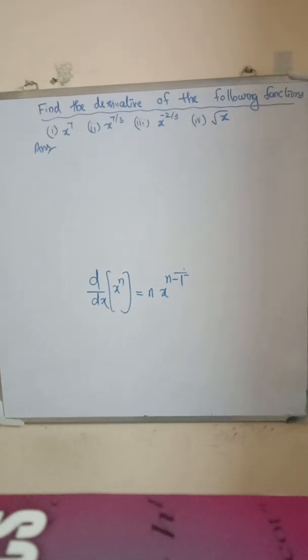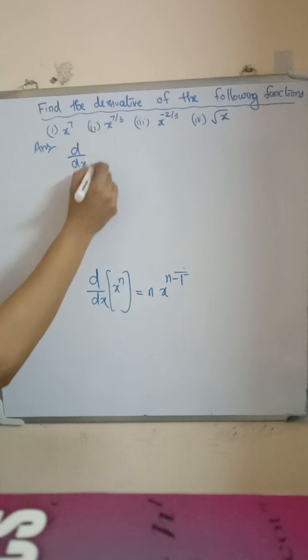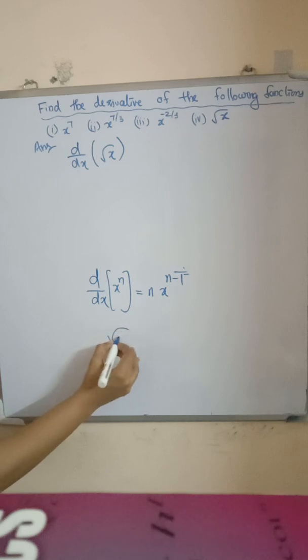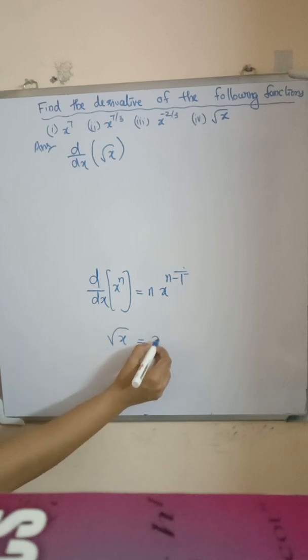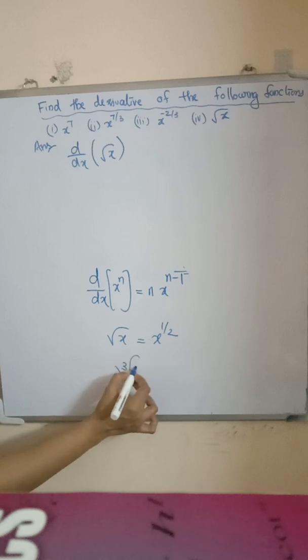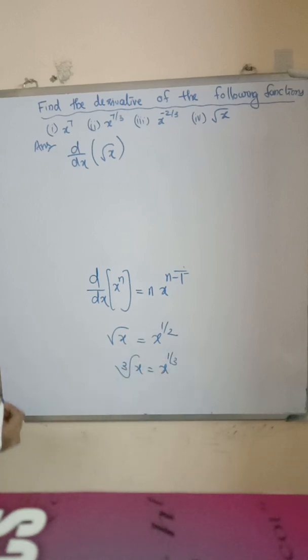Fourth problem, find the derivative of root x, that is d by dx of root x. We know that root x is equal to x raised to half. Cube root of x is equal to x raised to 1 by 3.